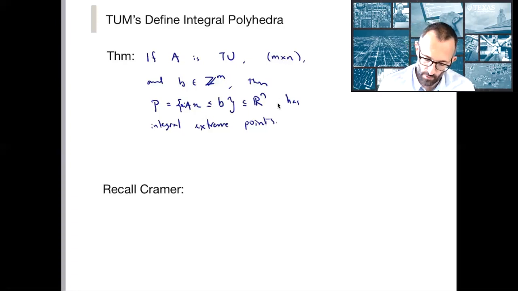So we're going to show the proof of this, and it basically follows from a formula for inverting a matrix.